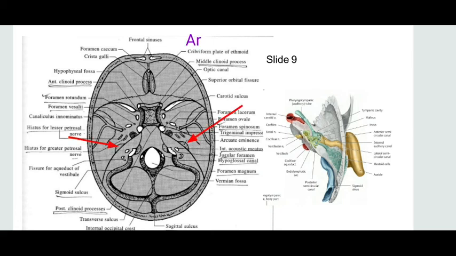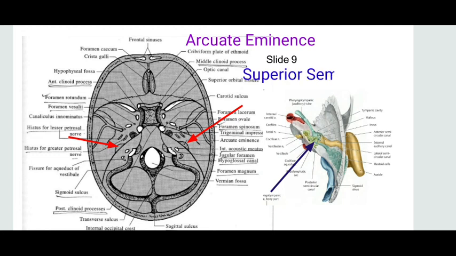Next is the arcuate eminence, which is present still more lateral to the previous landmarks, and it is produced by the superior semicircular canal.